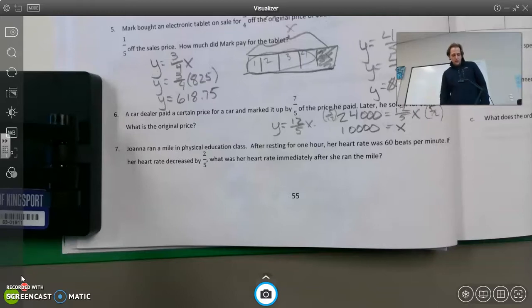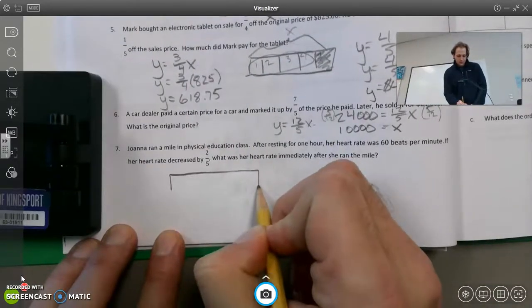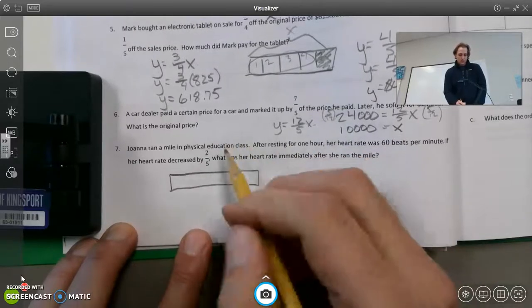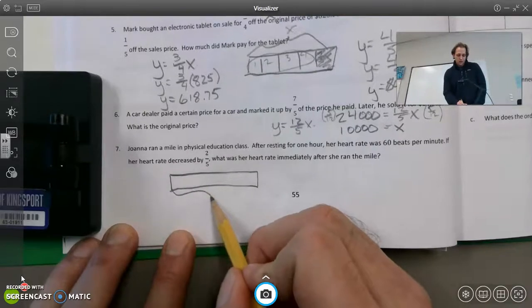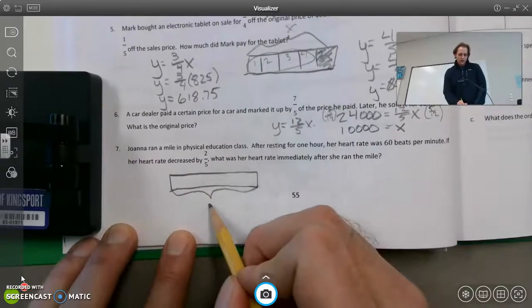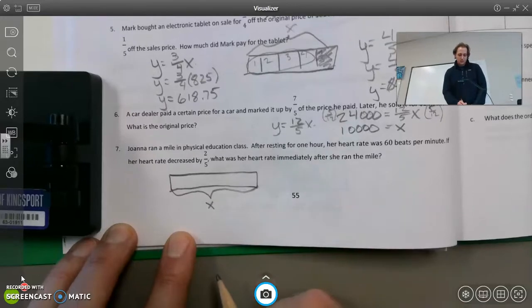All right, last question here. Joanna ran a mile in physical education class. After resting for 1 hour, her heart rate was 60 beats per minute. If her heart rate decreased by 2/5, what was her heart rate immediately after she ran the mile? Right, so let's think about this. We're going to say her heart rate after she ran the mile is what we're trying to find. It's x, okay?